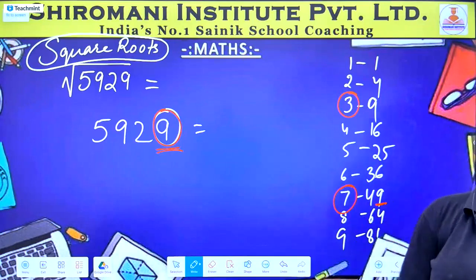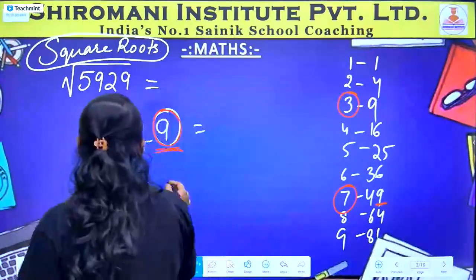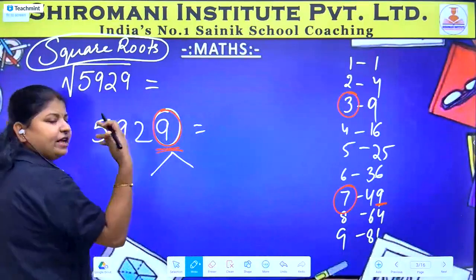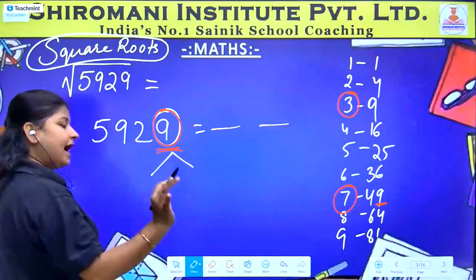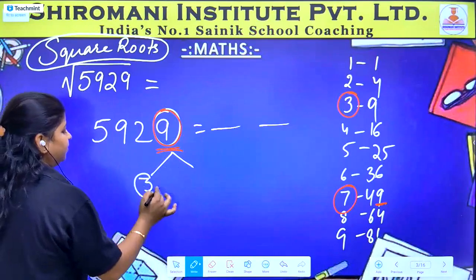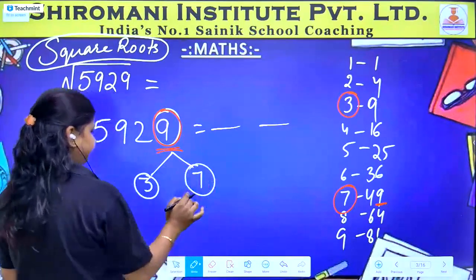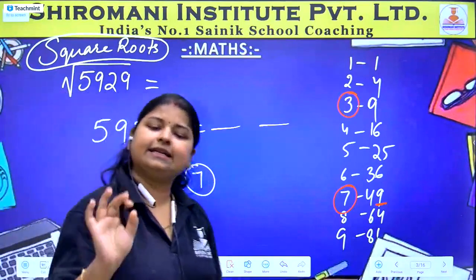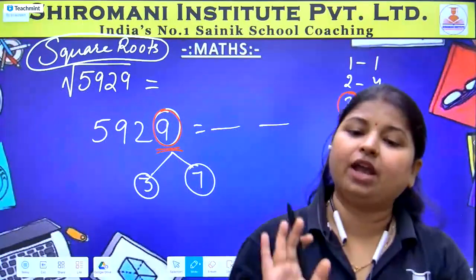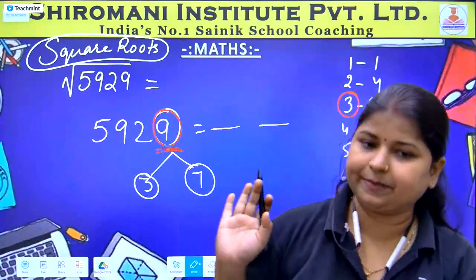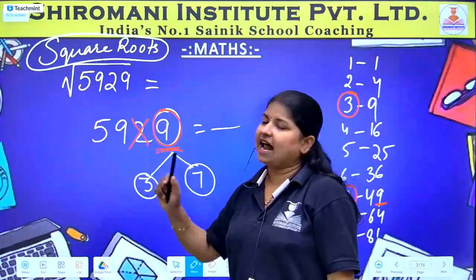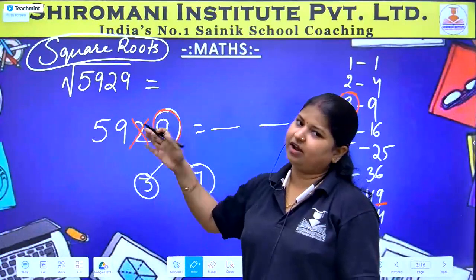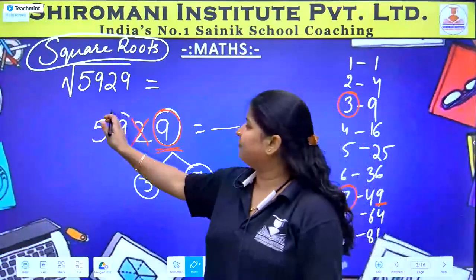That means whatever is my answer, the last digit would be either 3 or 7. Last digit is either 3 or 7. That's it. Now, cut the digit at tens place. Forget this digit. What is left?